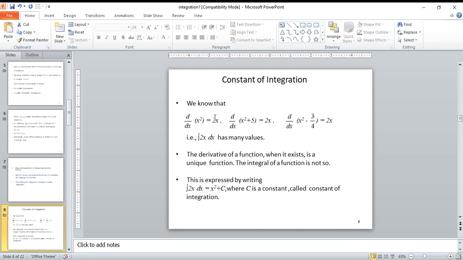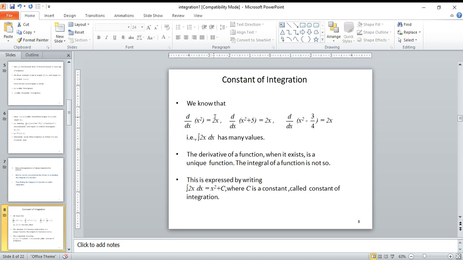That is, the integration of 2x dx has many values. Therefore, if we take d by dx from the left side to the right side, it becomes an integration. In the first example, the integration of 2x equals x square. In the second example, taking d by dx to the right side, it becomes an integration, and the integration of 2x is x square plus 5.